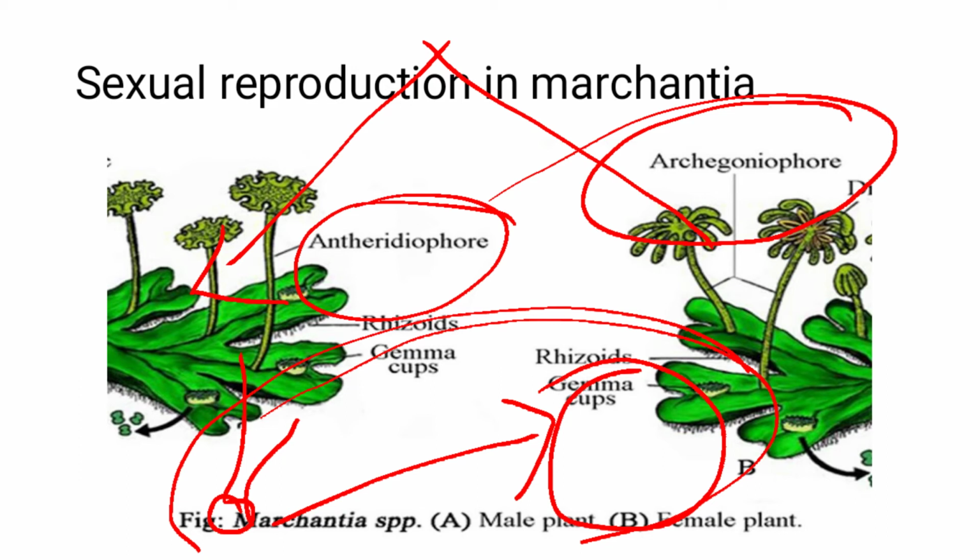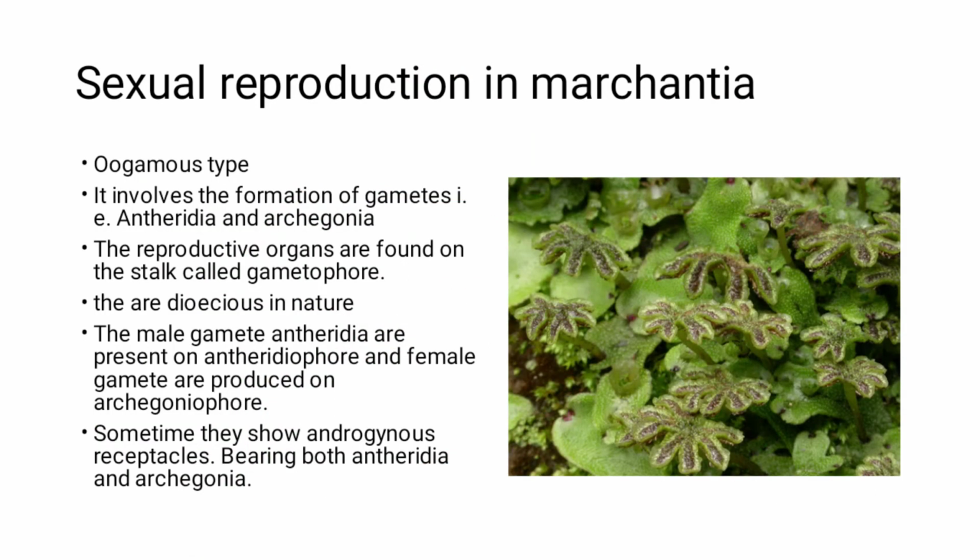It is a type of sexual reproduction where the male gamete is small, flagellated and motile, and moves towards the non-motile female gamete. They undergo fusion and form the diploid zygote. That is the process.